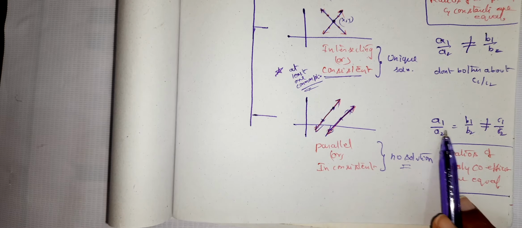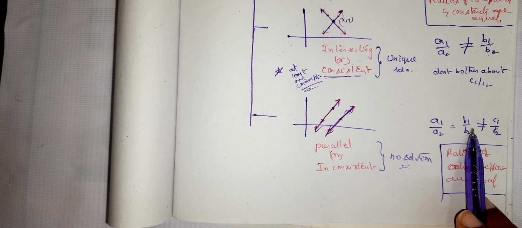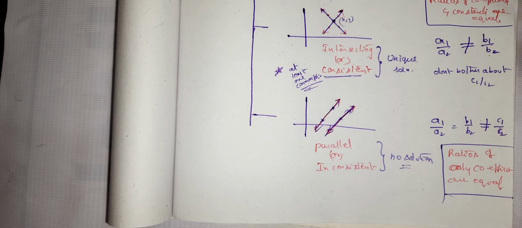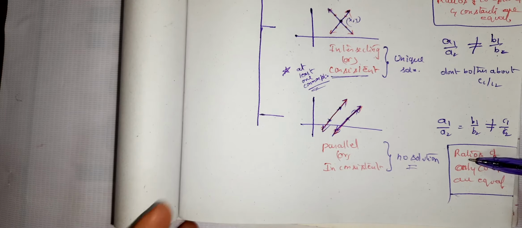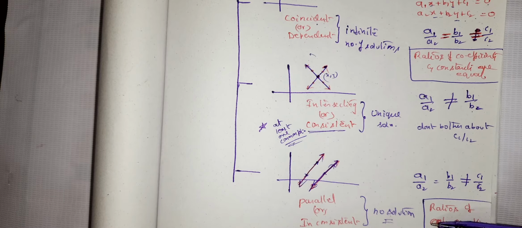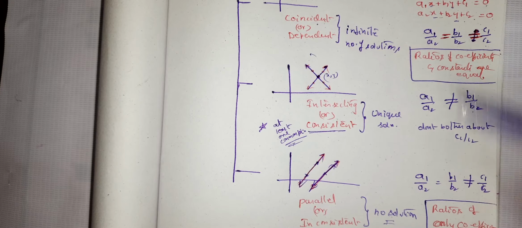Now the condition, by observing the equations, is A1 by A2 must be equal to B1 by B2, but not equal to C1 by C2. What is the difference between these? The first condition is for dependent equations, and the last one is inconsistent, that is, parallel.